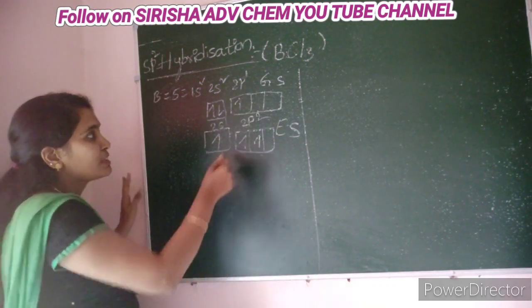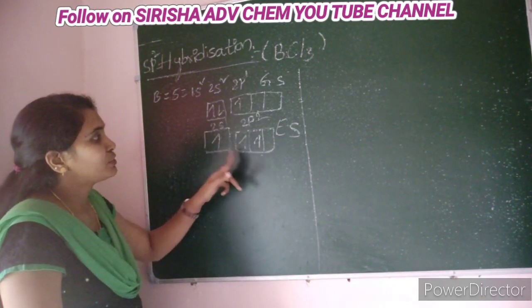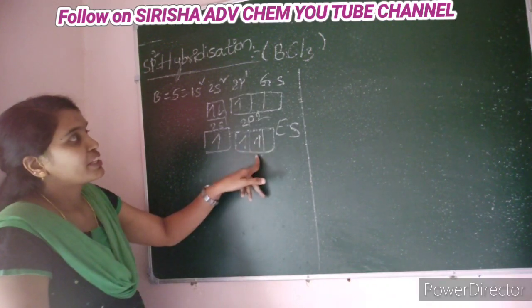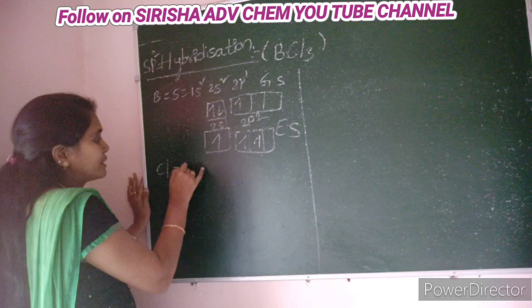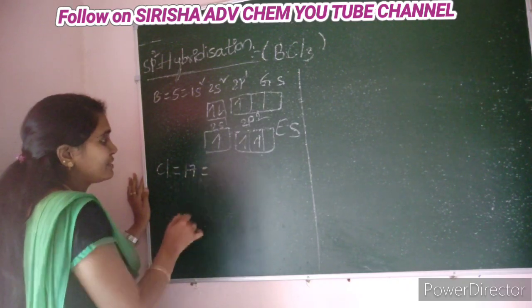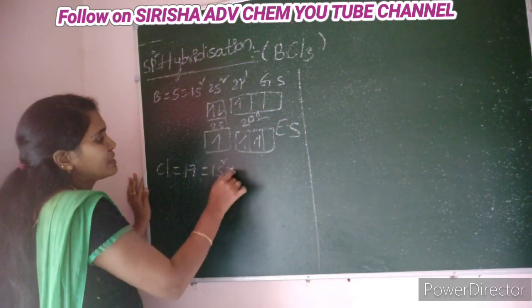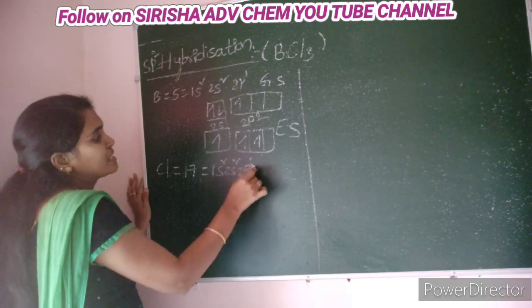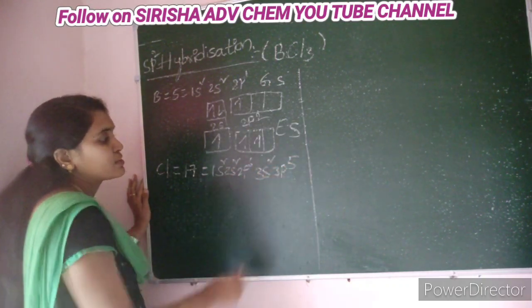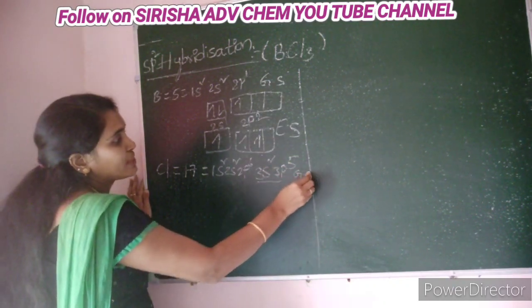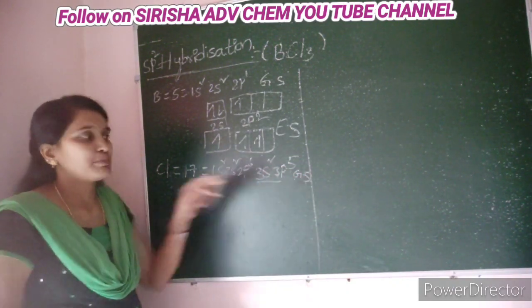Then see here how many vacant orbitals are there? 1, 2, 3. 3 vacant orbitals are there. Then like before, chlorine atomic number 17: 1s2, 2s2, 2p6, 3s2, 3p5. So the valence shell in the ground state configuration is 3s2, 3p5.